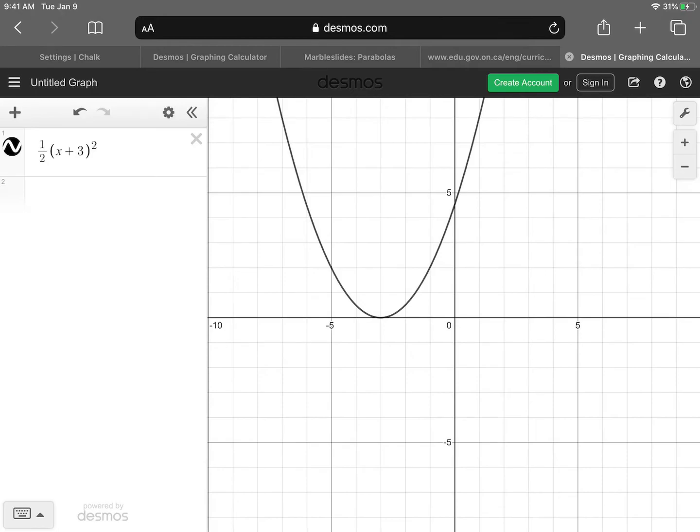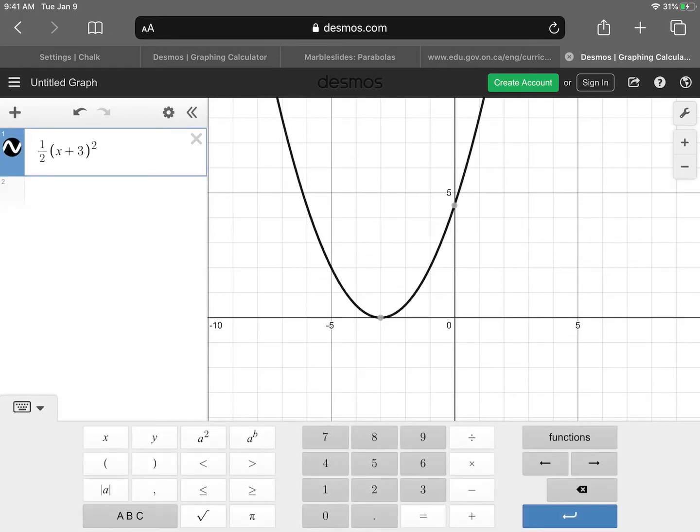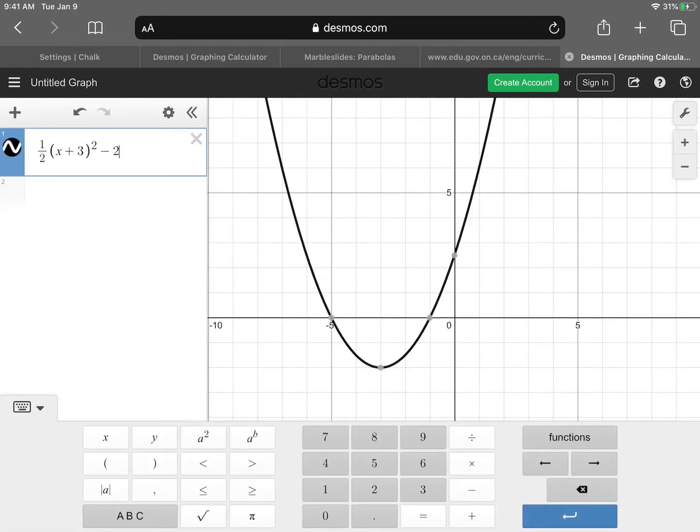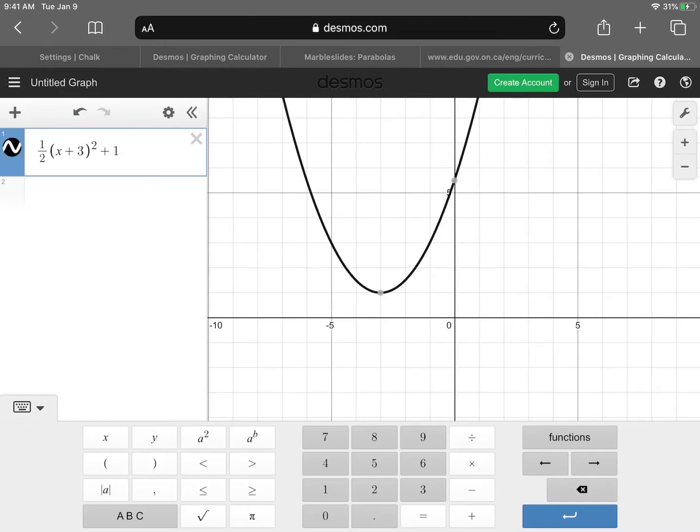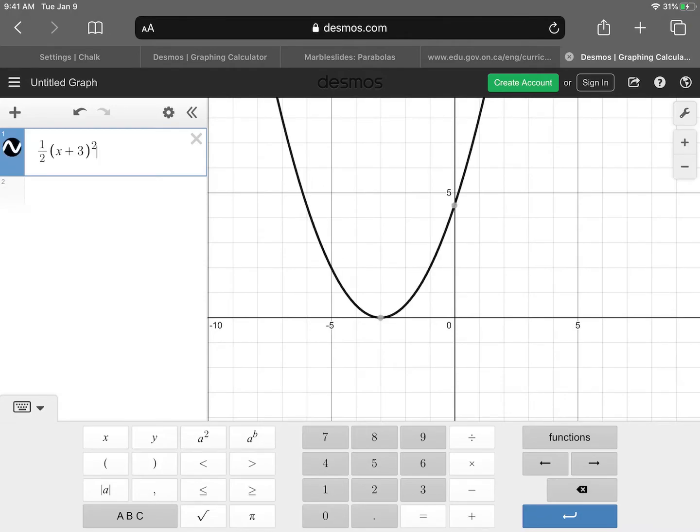So if I took this parabola and moved it down 2, now how many roots do I have? 2. But what happens if I move it up 1? 0. Okay. If there's no vertical movement, then it's sitting on the x-axis, and it has 1 root. Does that make sense?